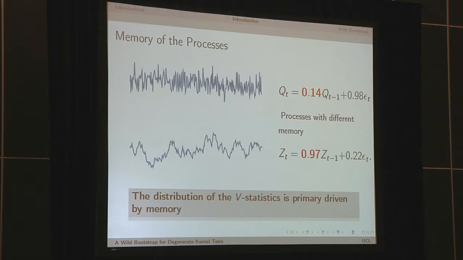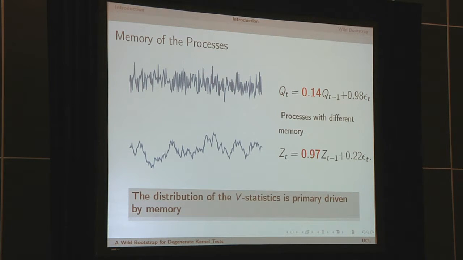So Q has a small memory, and in this case the memory can be simply expressed in terms of the autoregressive coefficient, which is written in red here. The Q process has an autoregressive coefficient equal to 0.14, and the Z process has an autoregressive coefficient equal to 0.97. You can see that for process Z, you can quite easily predict the next value given the previous value.